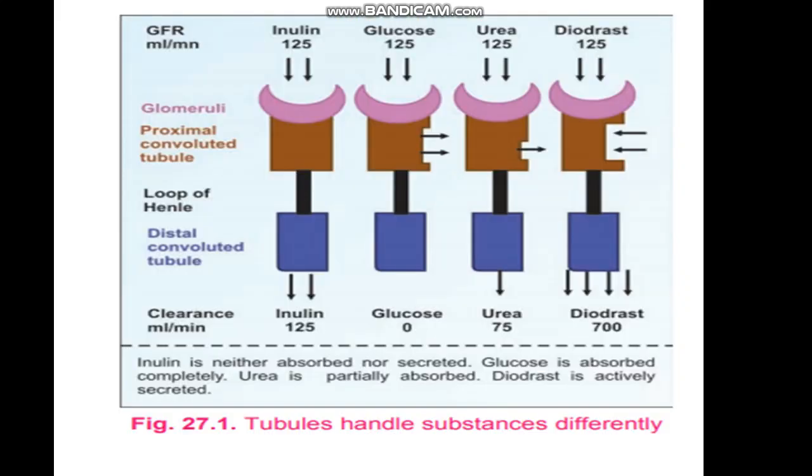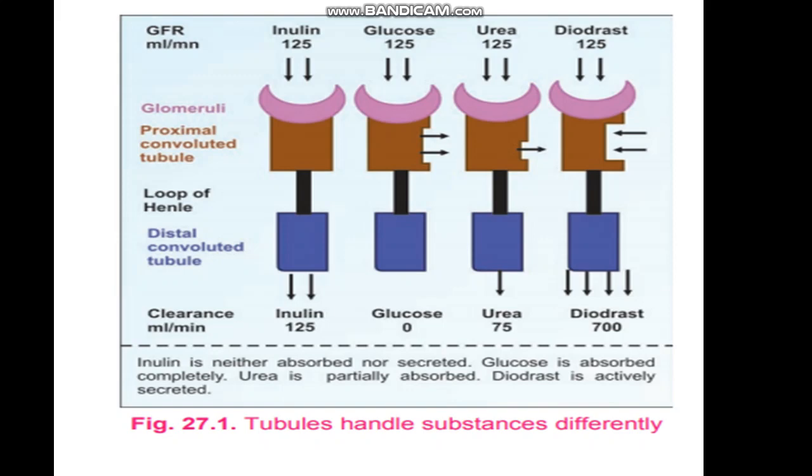You can see in the picture there is inulin. It is filtered, shown by two arrows. It is excreted in the urine, shown by two arrows. That means it is also a good marker for GFR. The other is glucose.